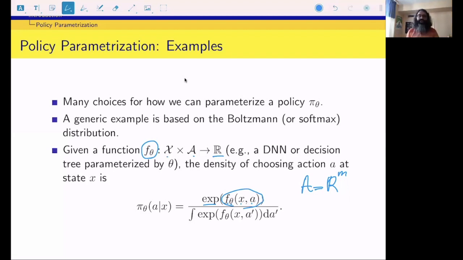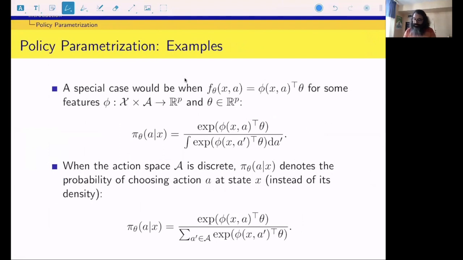And then we normalize it to make sure that it's a probability distribution. The normalization works by dividing by the integral or summation of the exponential of f of theta of x and a prime, where a prime is what we sum or integrate over.